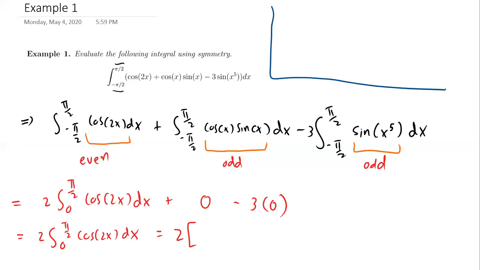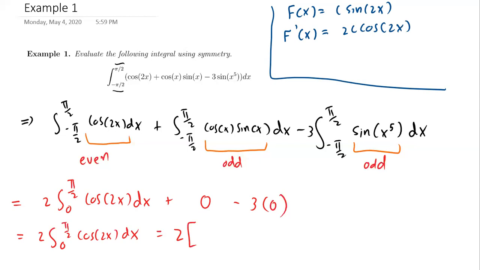We know that the derivative of sine is cosine. So it makes sense to consider a function that looks like a constant times sine of 2x. Again, an antiderivative is a function whose derivative is the little function f. In this case, we're looking for a function whose derivative is cosine 2x. So let's see what we get if we differentiate this function. c is a constant that stays outside. By the chain rule, this becomes 2 times c times cosine of 2x.